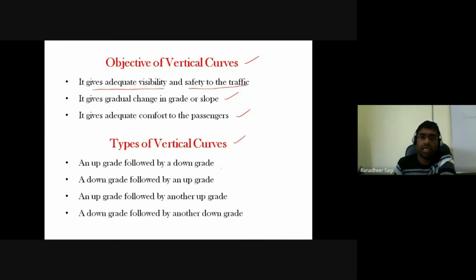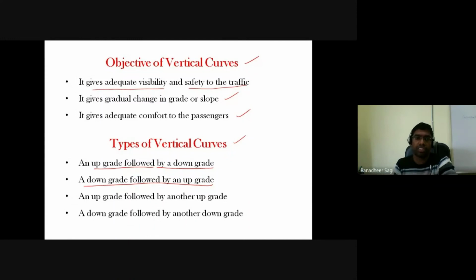What are the different types of vertical curves that we will come across? As I mentioned, you might have a vertical curve with an upgrade, meaning the slope in the increasing or positive direction, followed by a downgrade, which indicates a slope in the downward direction. Another type could be a downgrade followed by an upgrade.